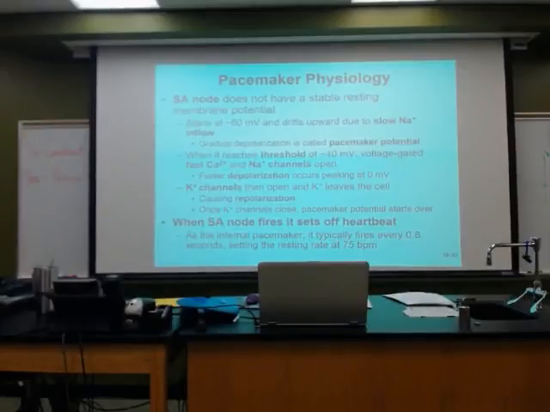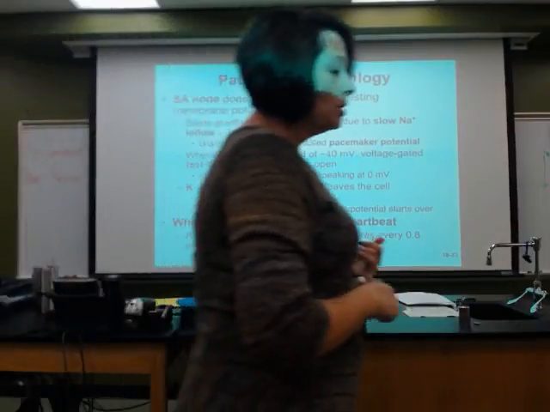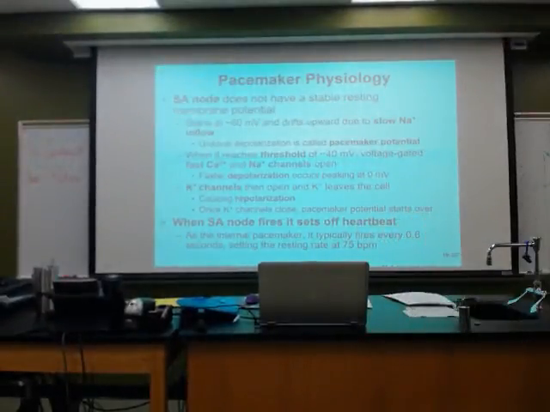So, just like with muscle, where we had the depolarization and the repolarization, we had the same thing with the nervous system. Well, now we're going to have the same thing with the heart, because once again, electrical tissue. Okay?